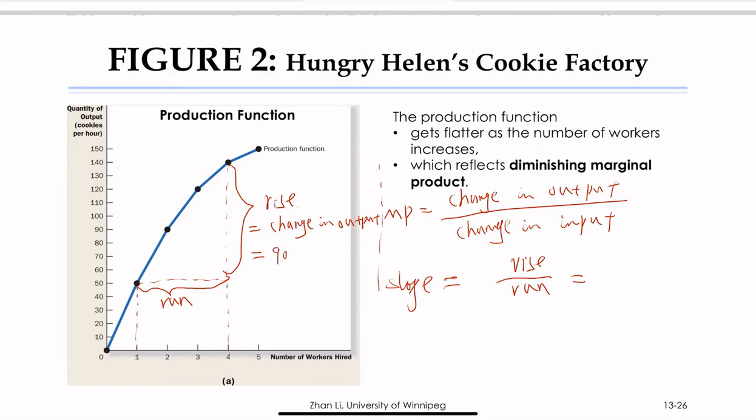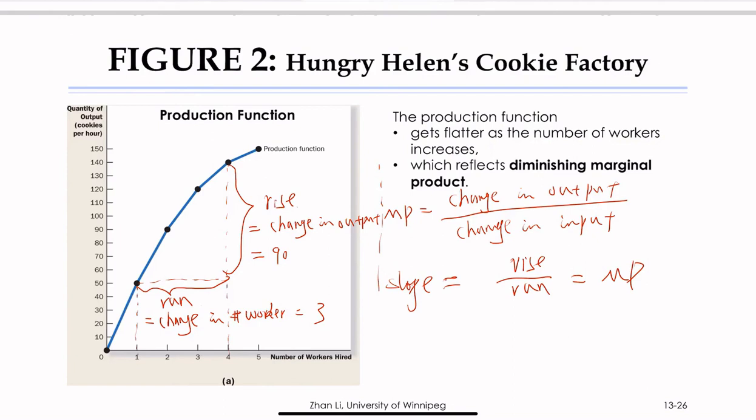Here you can see that run equals the change in number of workers, which equals 3. So if rise equals the change in output and run equals the change in input, then obviously marginal product equals the curve's slope. So now we have got this result: the curve's slope is the same as the marginal product.